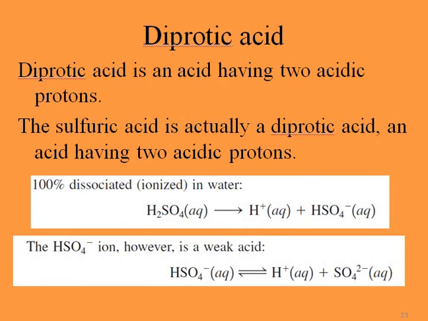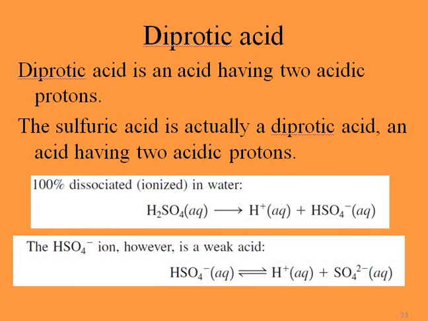Sulfuric acid is actually a diprotic acid, an acid having two acidic protons. If we look at this reaction, sulfuric acid is H2SO4. When it dissolves in water, which is not shown here, it dissociates completely, 100% into its ions, because sulfuric acid is a strong acid.